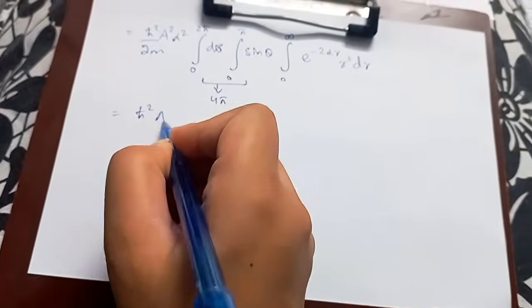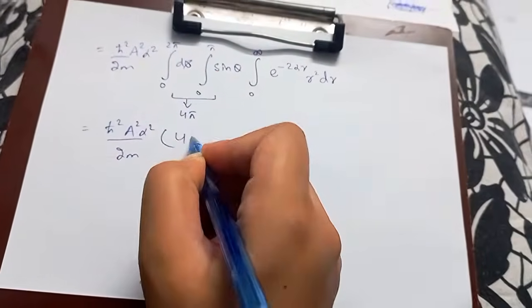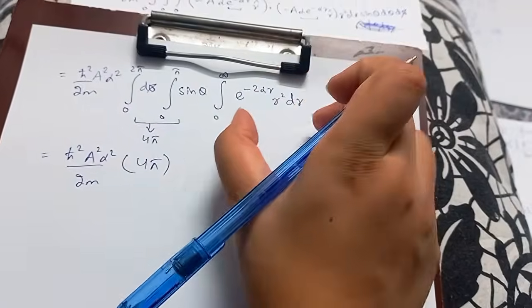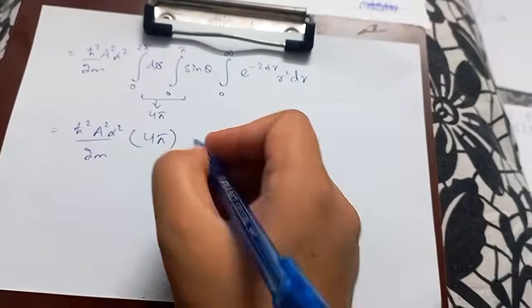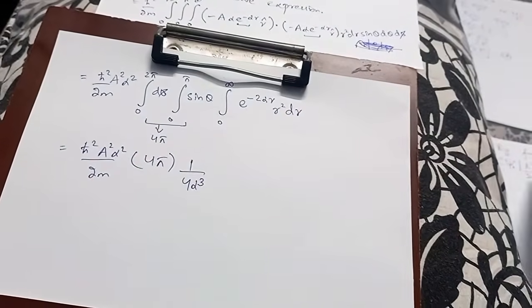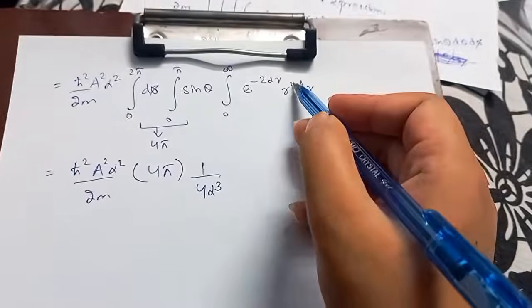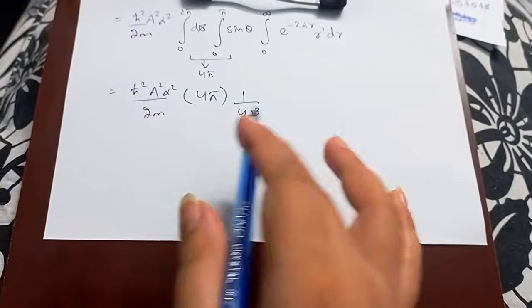H square a square alpha square by 2m. In place of these two integrals we have 4 pi. Then in place of this integral we have 1 over 4 alpha cube, as we calculated before, and I told you people that we will be using it. It's r square and this thing, so 1 over 4 alpha cube.